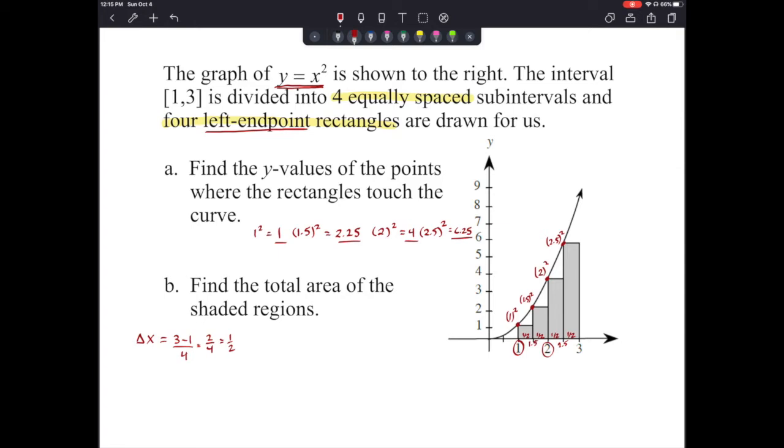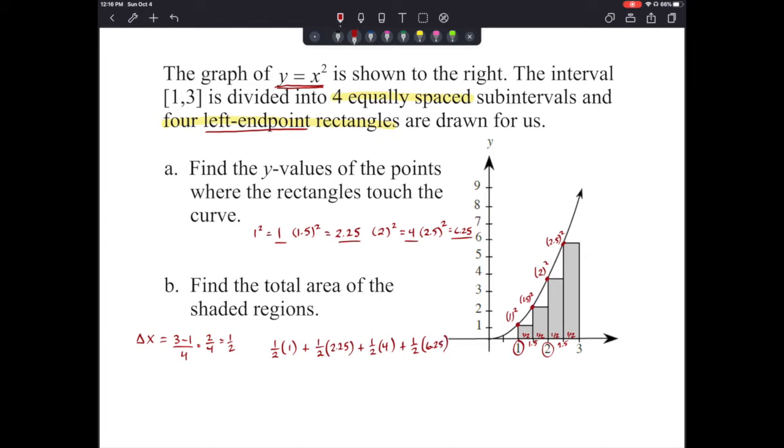So you could do this. For your first rectangle, it's going to be 1/2 times 1 plus your second rectangle is 1/2 times 2.25 plus we have 1/2 times 4. And then the last rectangle was 6.25 in height, so 1/2 times 6.25.